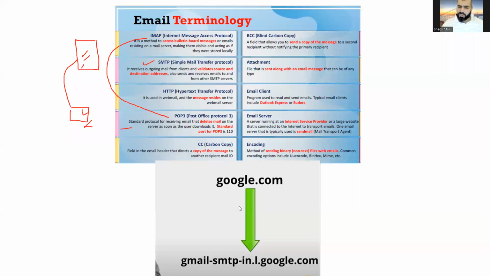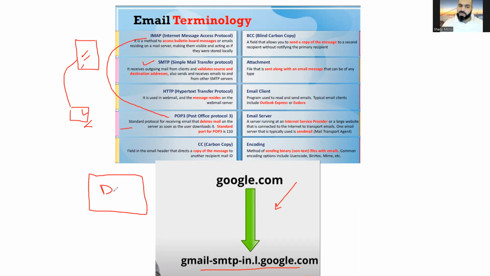One thing that I also wanted to highlight here, which is important, is the SMTP record, and this SMTP record is for Google, for example. This SMTP or MX record will be within your DNS.